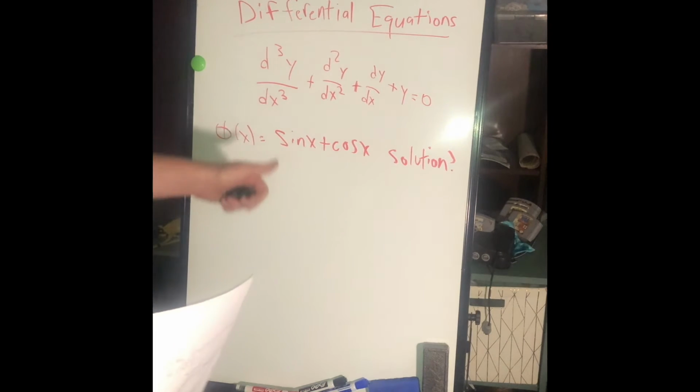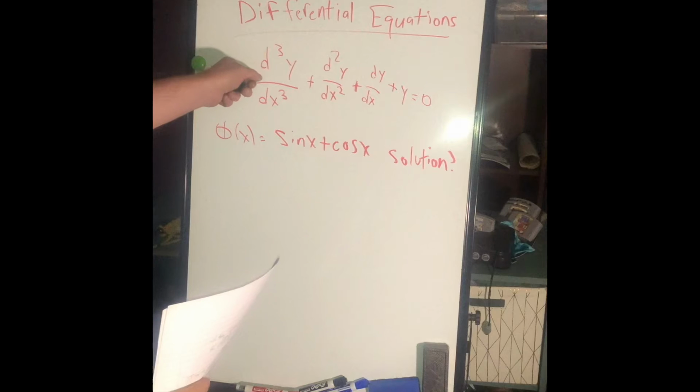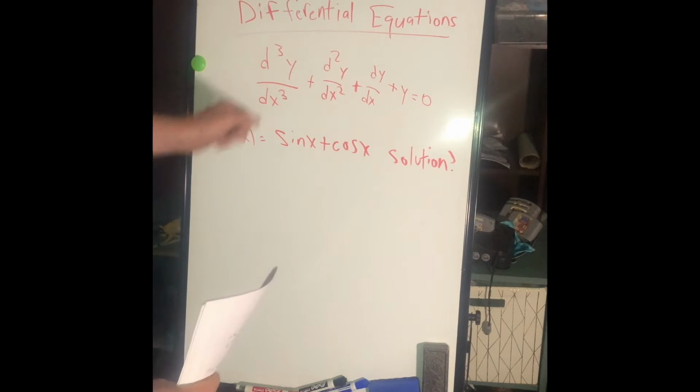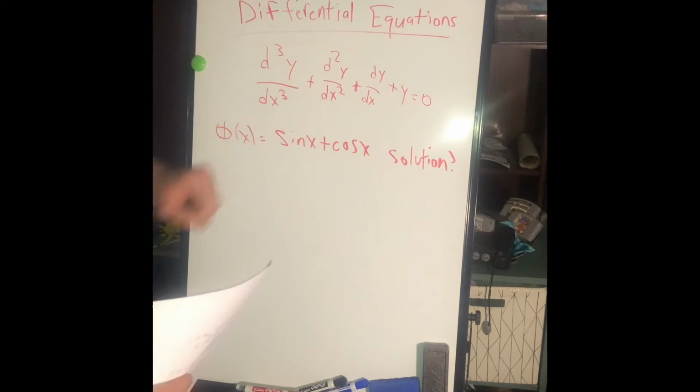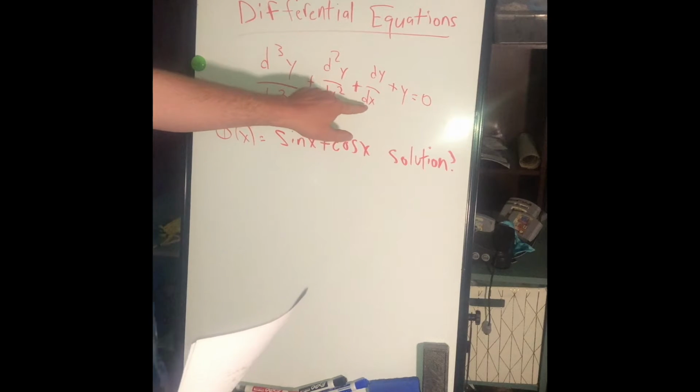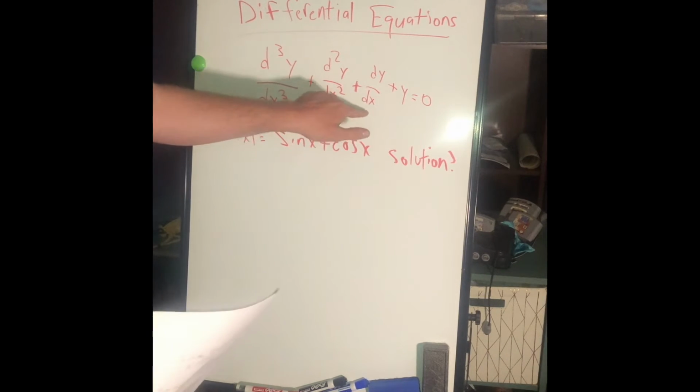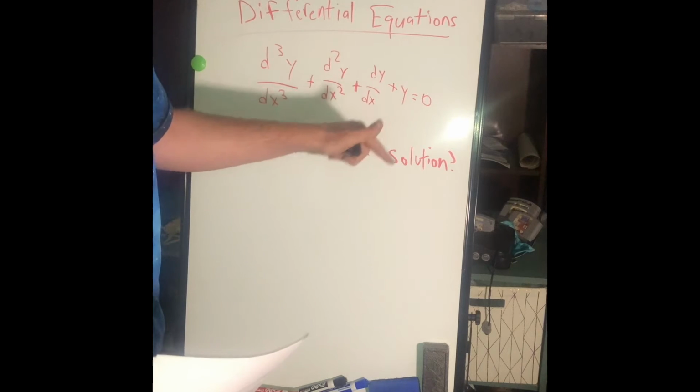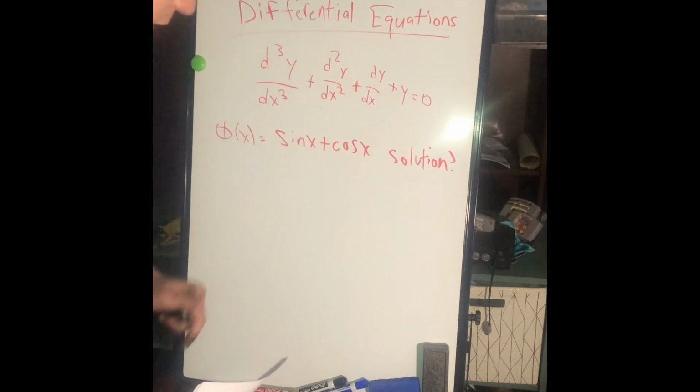So in this particular problem, we have the third derivative of y plus the second derivative of x plus the first derivative plus the actual function is equal to 0.